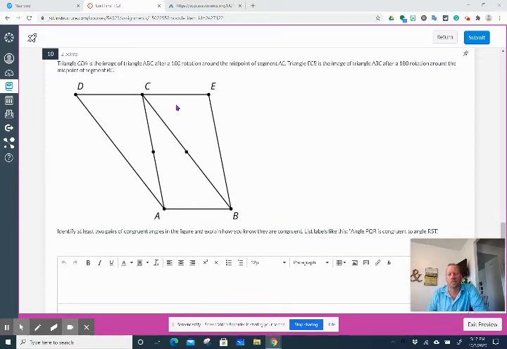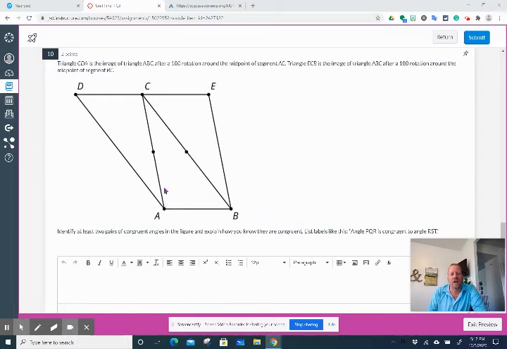Well, there's a couple of ways we could compare them. DCA could be congruent to CEB simply by a translation, because we already know they're identical. So that's one possibility.